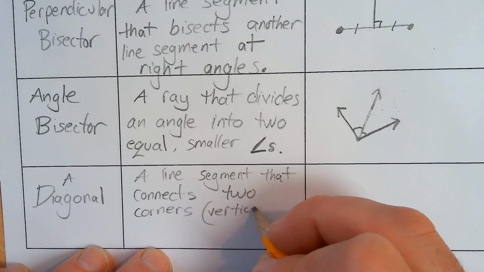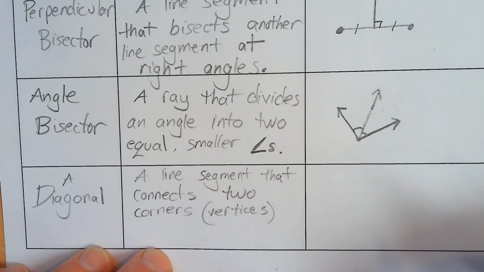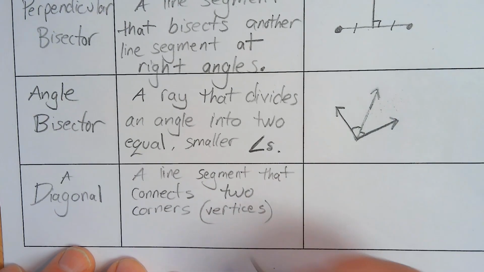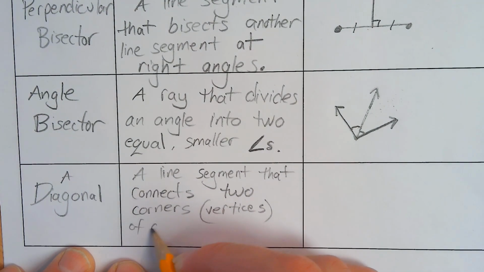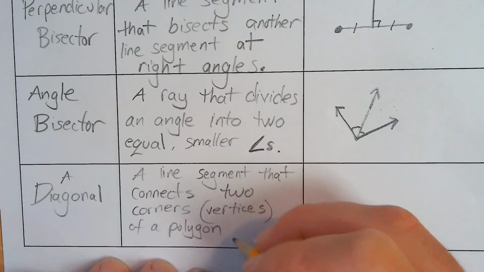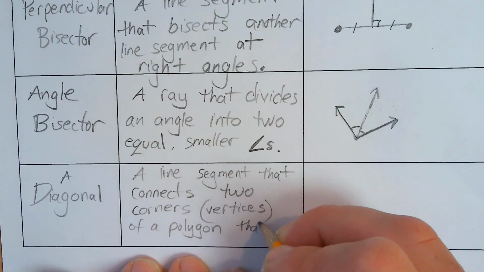A vertex is just a corner. A line segment that connects two corners of a polygon that aren't on the same edge.